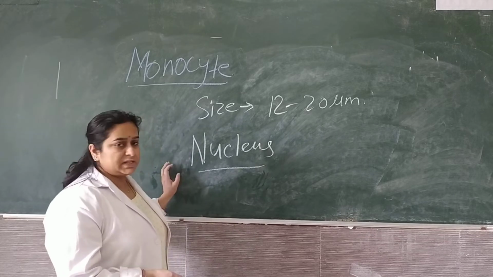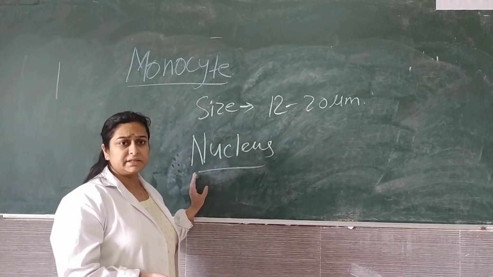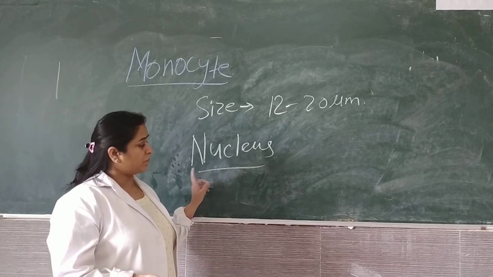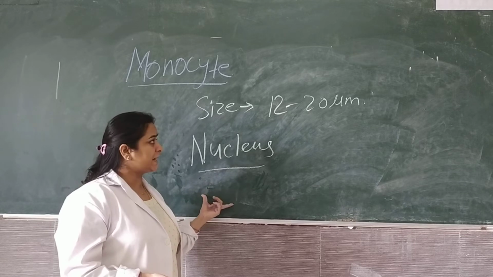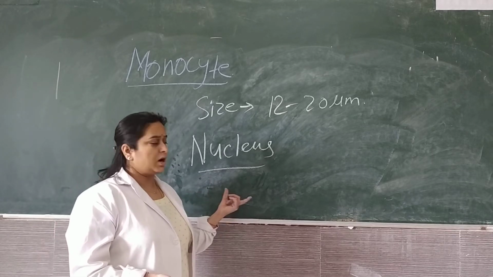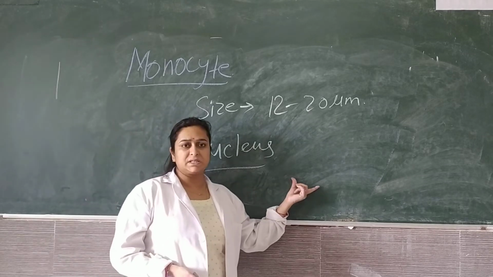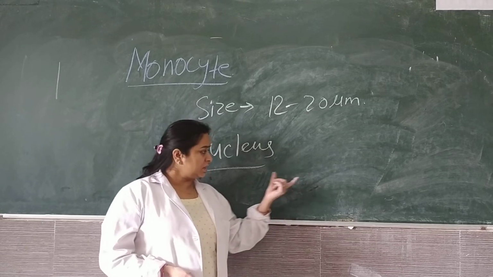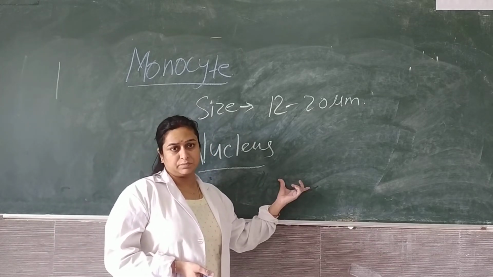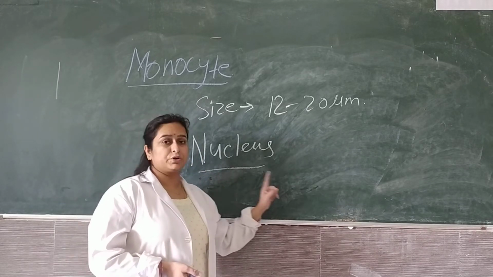What is the ratio of nucleus and cytoplasm in case of monocyte? It is almost 60-40, or we can say 50-50, or more or less 60% nucleus and 40% cytoplasm. So how are we going to differentiate between a large lymphocyte and a monocyte?